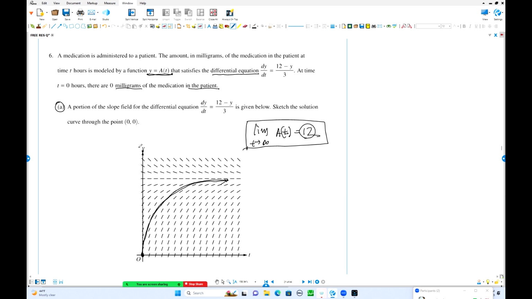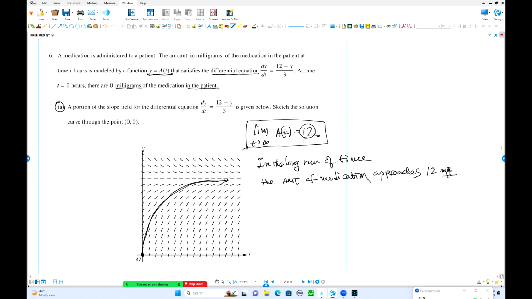Over a long time, in the long run, the amount of medication approaches, because limit means approach, 12 milligrams.